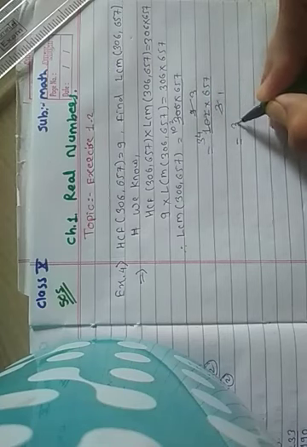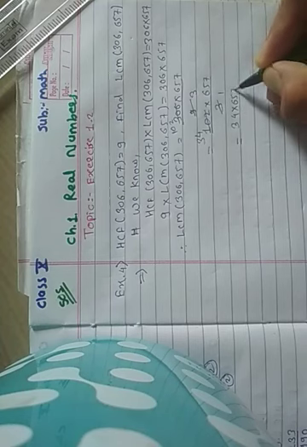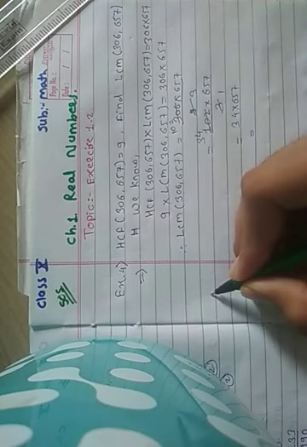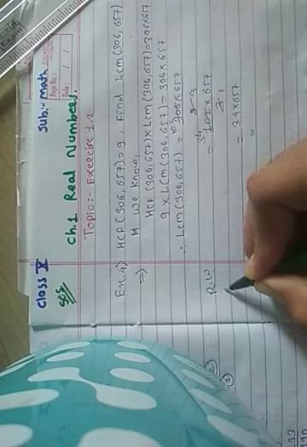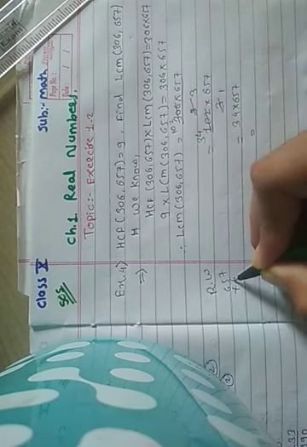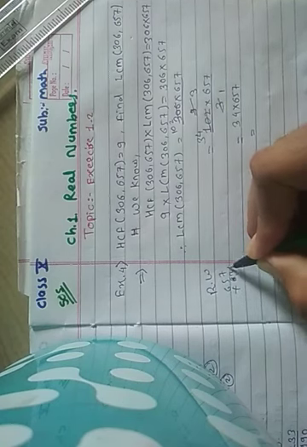So it will be 3 1s are 3, 3 3s are 9, and 3 4s are 12. So here that is 34 into 657, which gives us, let's just multiply it in rough work, 657 into 34.